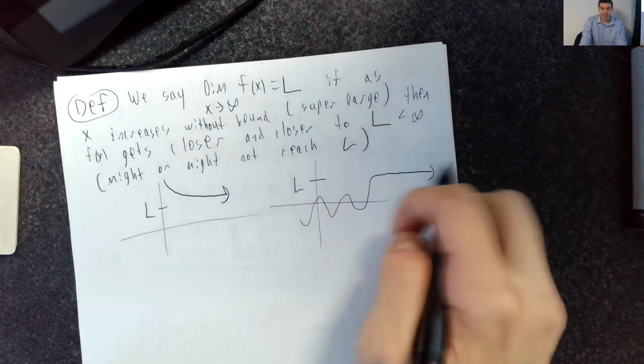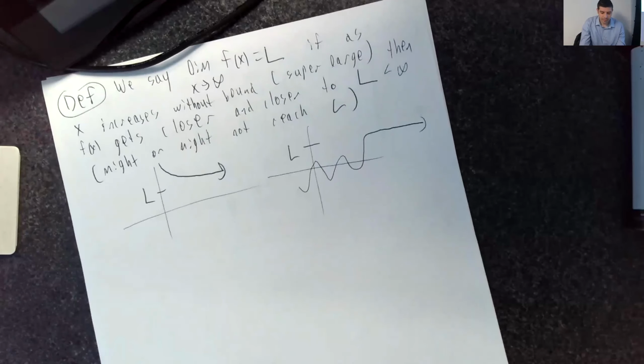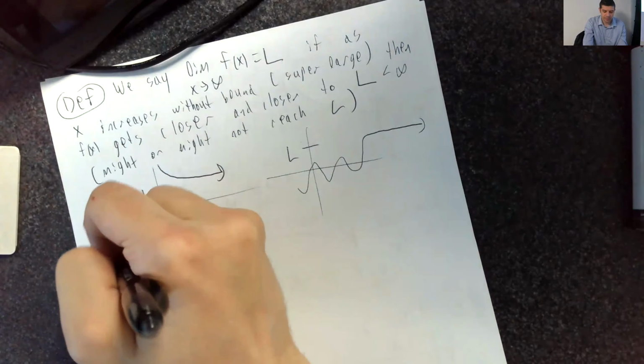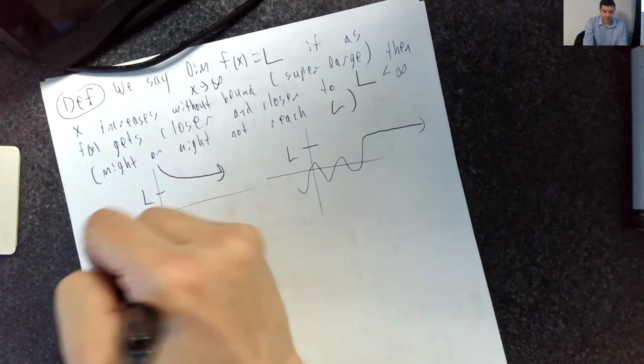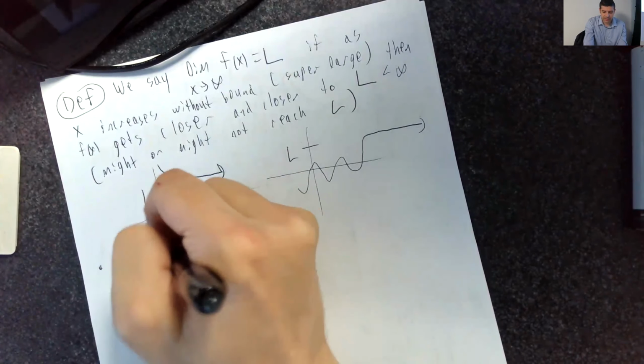Or it could just be a straight line at L. Reaching or not reaching doesn't matter as long as the pattern of y values is getting towards L. Getting close, hitting it, either way. And then we say limit as x goes to infinity of negative infinity.